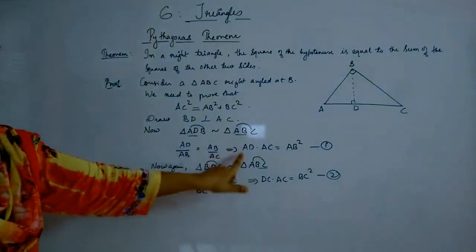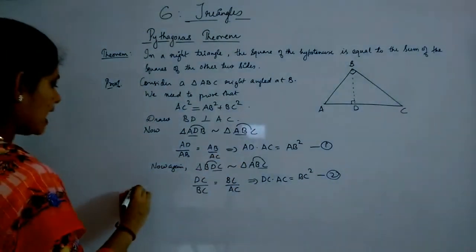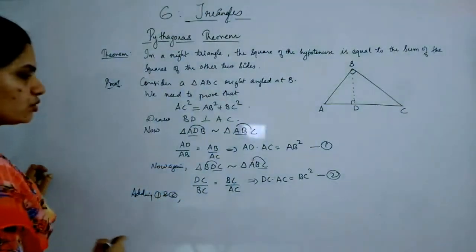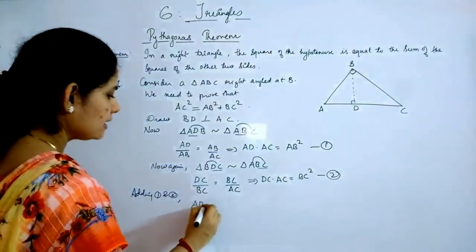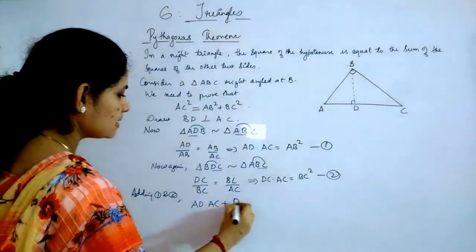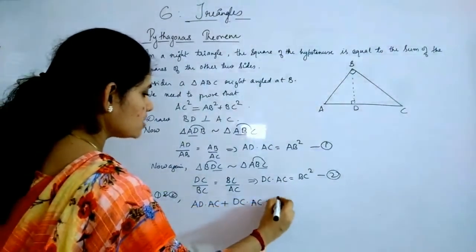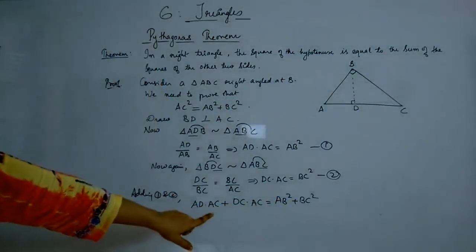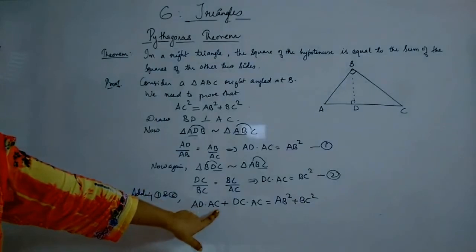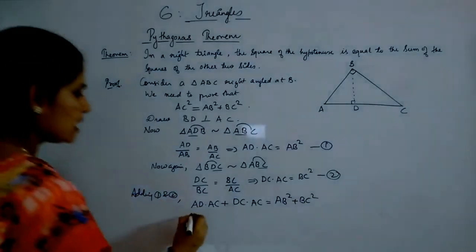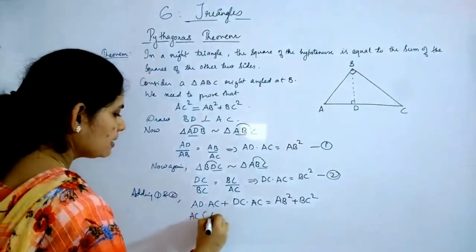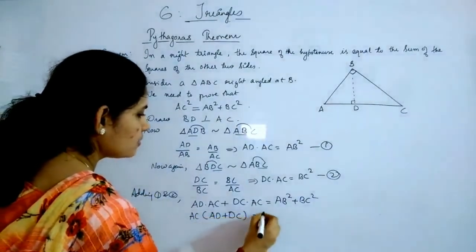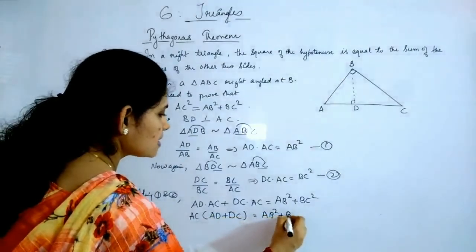Now these two equations we are just going to add. Adding equations 1 and 2, you will get AD into AC plus DC into AC is equal to AB square plus BC square. Now just see, you have a common factor which is AC. Taking out AC, the remaining part is AD plus DC, which equals AB square plus BC square.